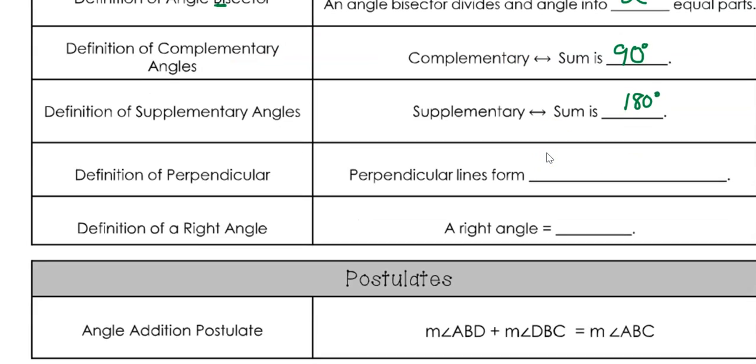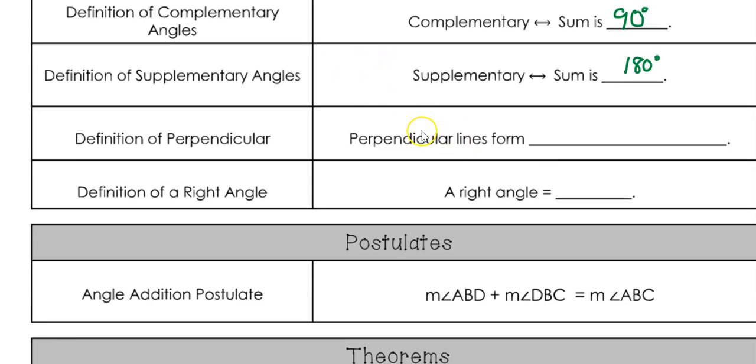Our next definition is the definition of perpendicular. So perpendicular lines form four right angles. The symbol for perpendicular looks like an upside down T. So you have a vertical line and then a horizontal line. So that's our symbol for perpendicular.